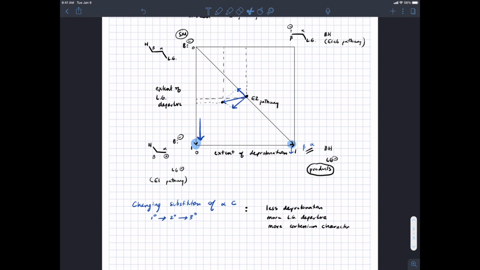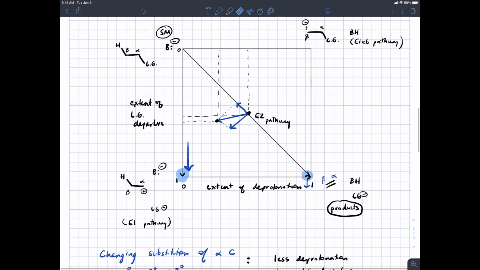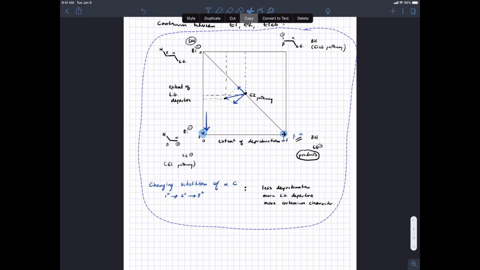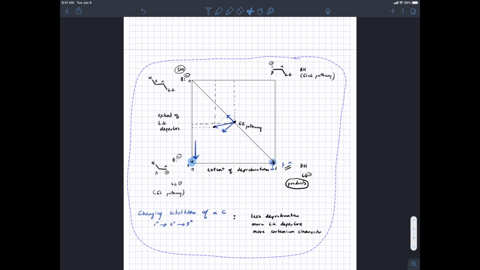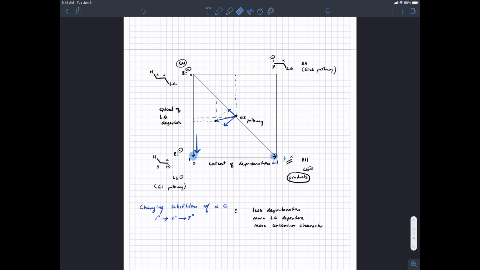Let's think of a few other changes. If it's all right, maybe we won't erase, because I want to have all of this in the notes at the end. Let's just copy and paste, and let's now have a different change.